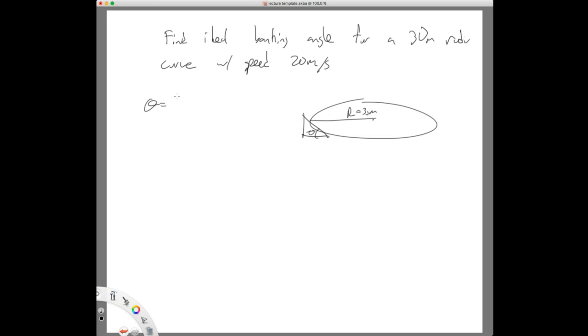So our angle is the inverse tangent of v squared over, now I'm putting a capital R because in my picture that's what I call the radius. And that would be the inverse tangent of 20 squared over 30 times 9.8.